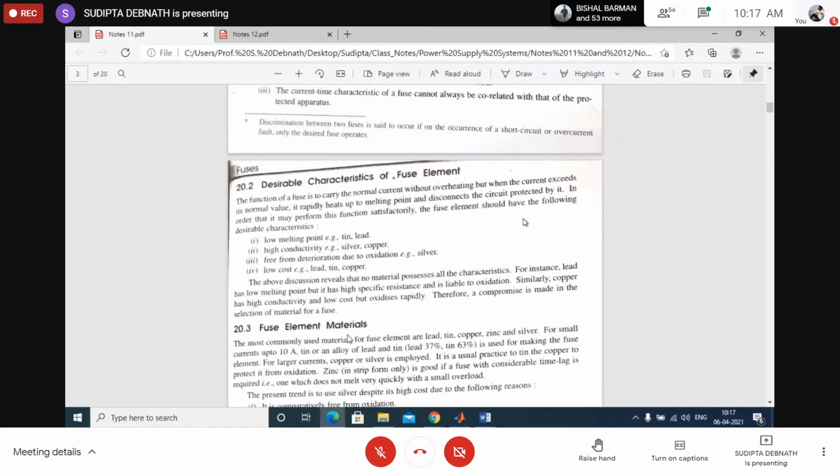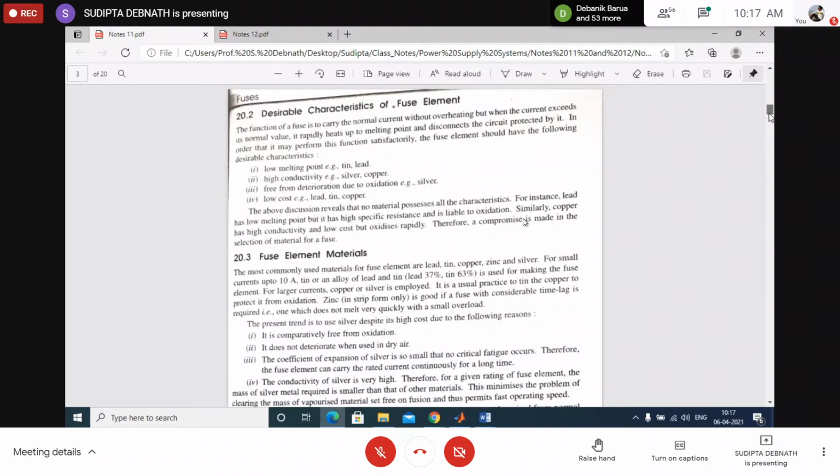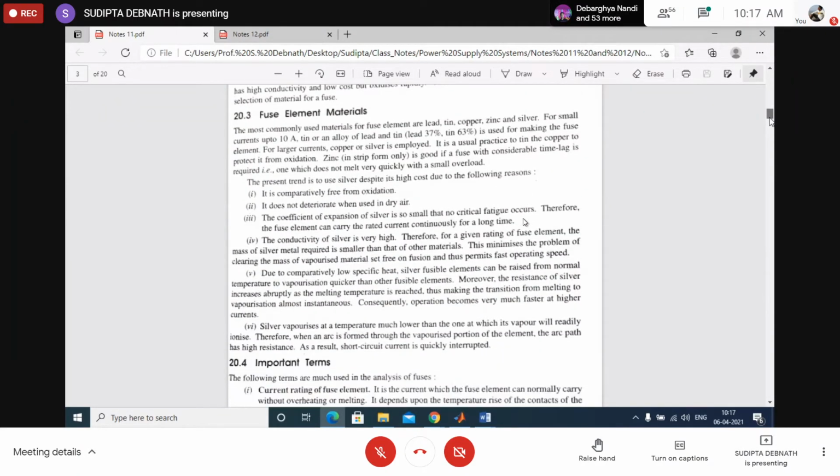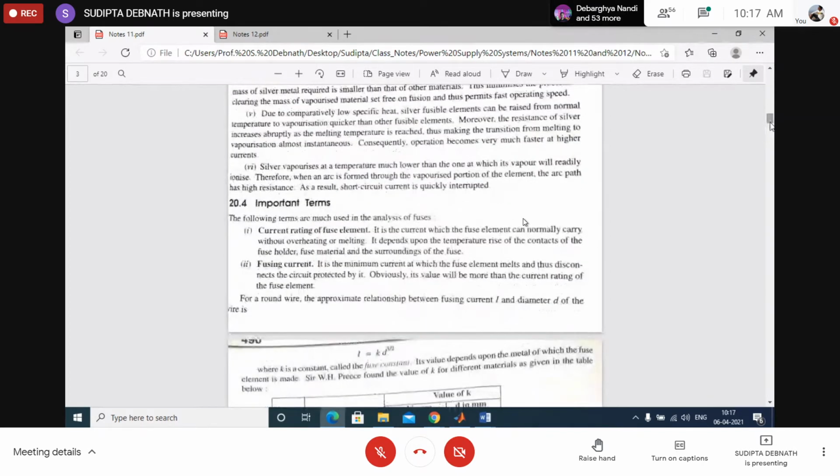Silver is the best material, but for low cost we use aluminum, tin and so on. Then the fuse element materials are discussed, and the advantages of using silver. It is written here, the advantages of fuse. And then some important terms, which are important: the rating of fuse.